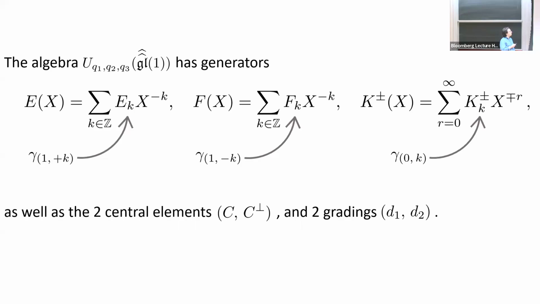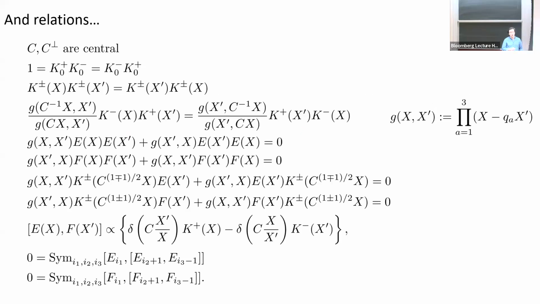I'm writing the modes of the generators here in terms of the grading. So E_k, the modes of this operator, have grading D1 equals 1, D2 equals k, etc. That's just the grading. Now the algebra has relations. This is just to show you how complicated the algebra is. It's not just nice currents; they're subject to these awful relations. We will not use them in this talk.